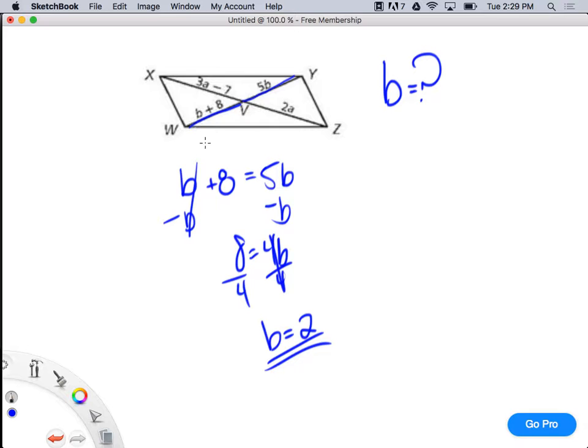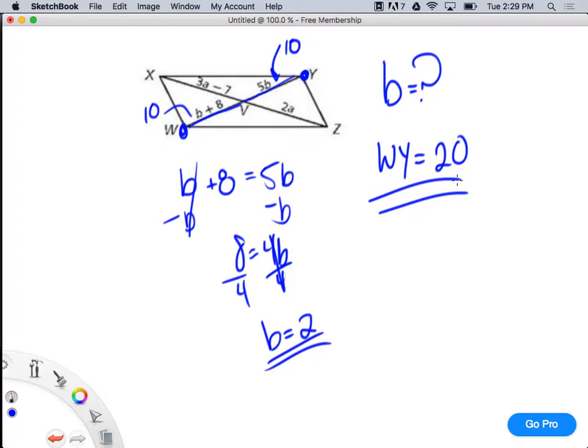Now if I wanted to get the length from W to Y, then I'd plug in. 5 times b is 5 times 2, which is 10. I know this has to be 10 as well. 2 plus 8 is 10. So WY would be 10 plus 10, which is 20. Does that make sense to you guys? Any questions? You guys ready for the Kahoot? All right. Cool. Let's do the Kahoot.